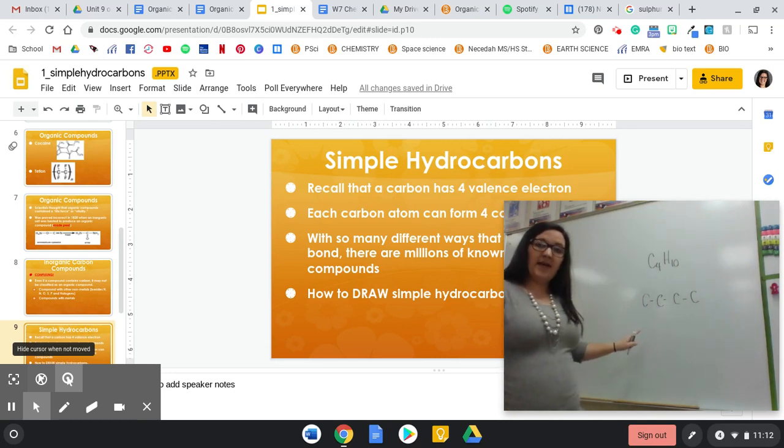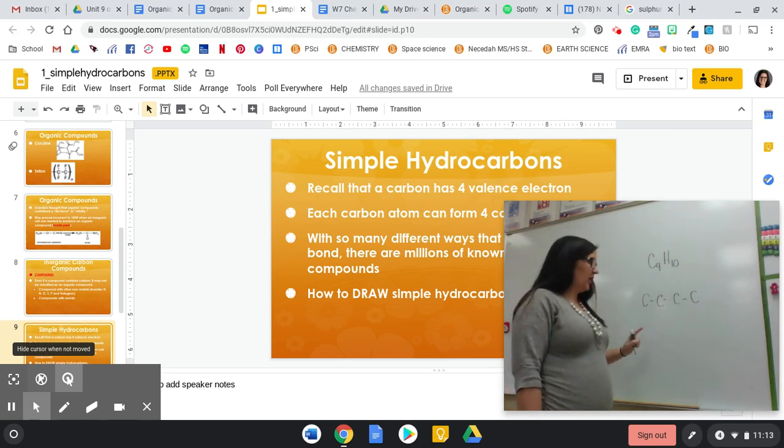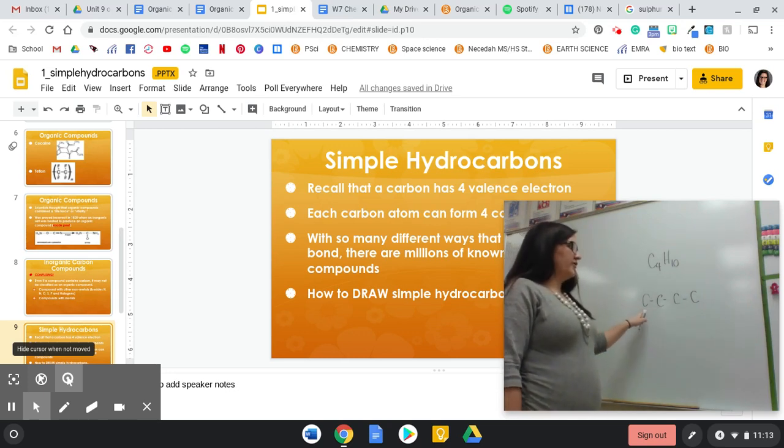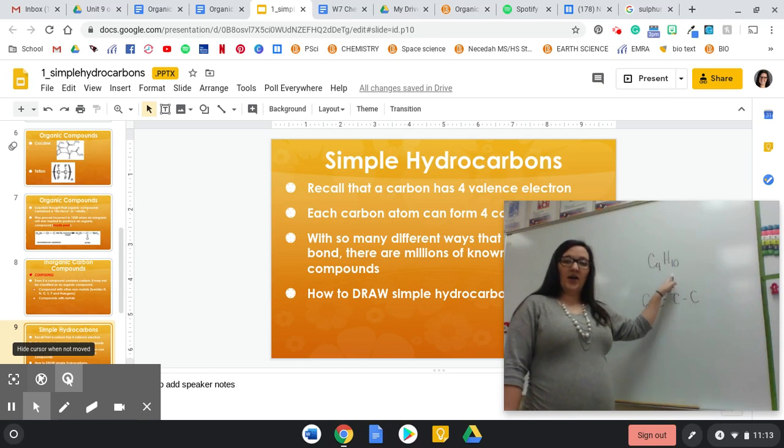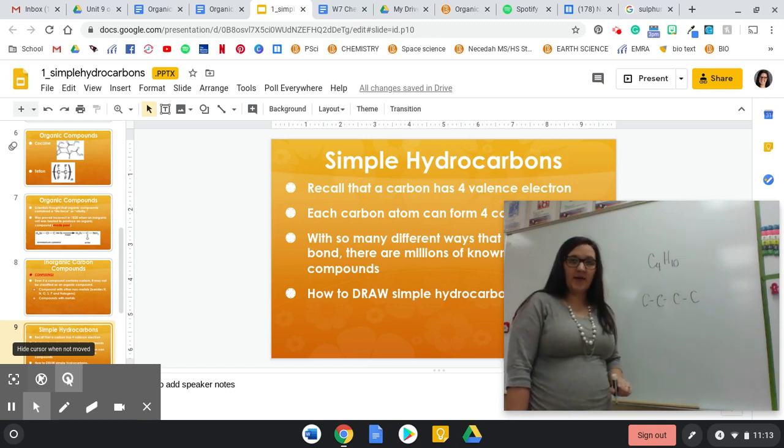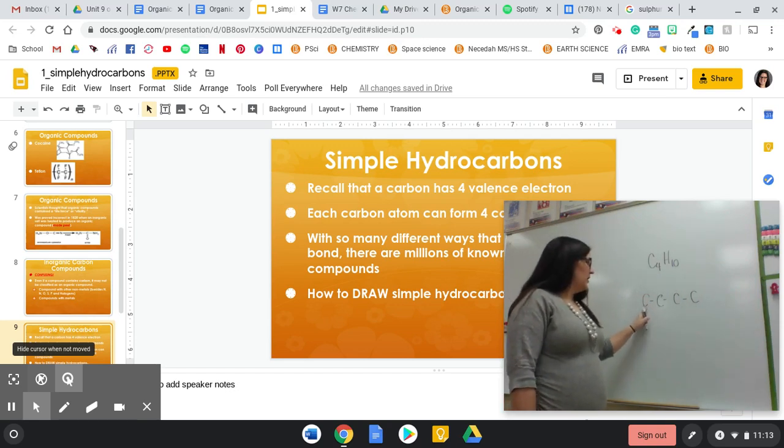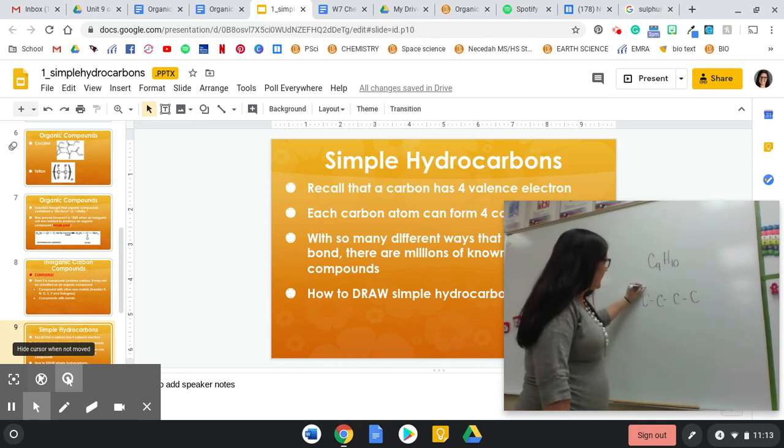Carbons have those 4 valence electrons, meaning they can bond in each position. So after we get our carbons all together, we're going to add our hydrogens on to fill everybody up. This first carbon here, this spot is already taken, but I could bond a hydrogen here, here, and here.